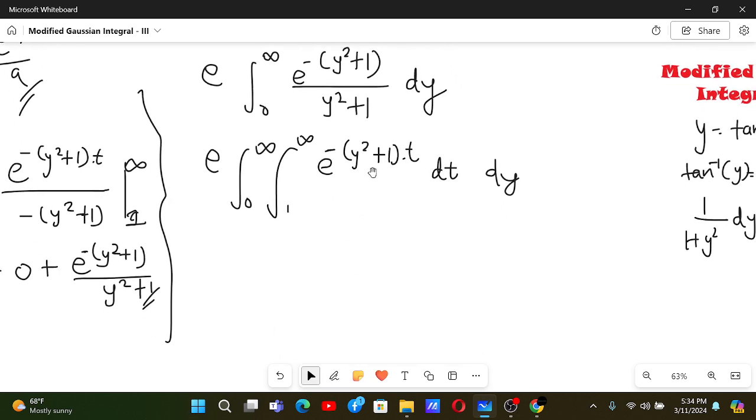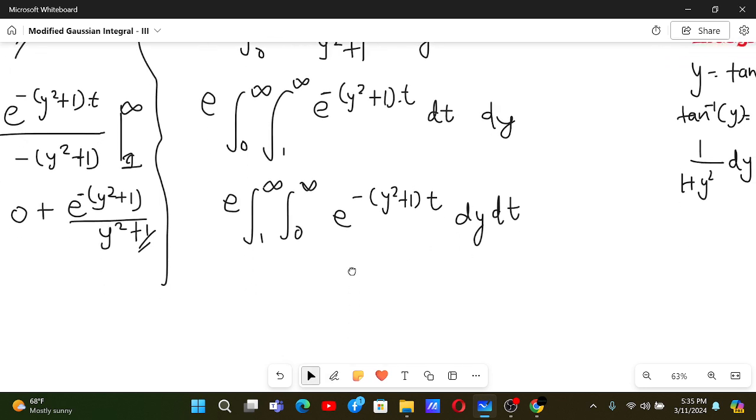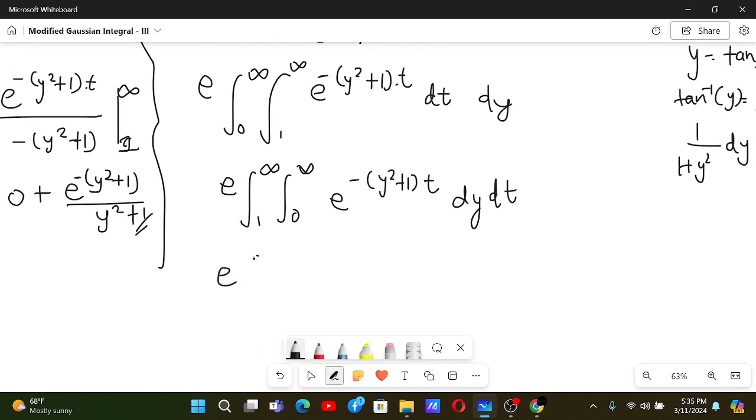And now we will interchange the integrals, because that will make things simpler. I will show you how. We get e to the power minus y square plus 1 t dy dt. Now let me take e to the power minus t outside, because that's a constant.